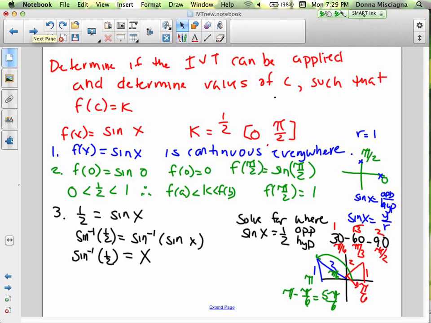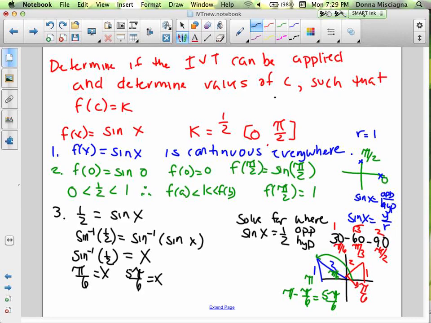And that, by the way, is our two answers here. So x is going to be pi over 6, or x equals 5 pi over 6. Did not mean to put that in the denominator.